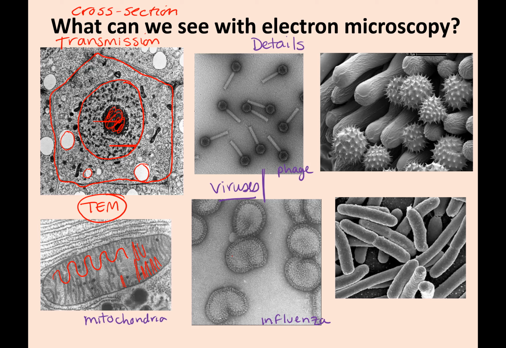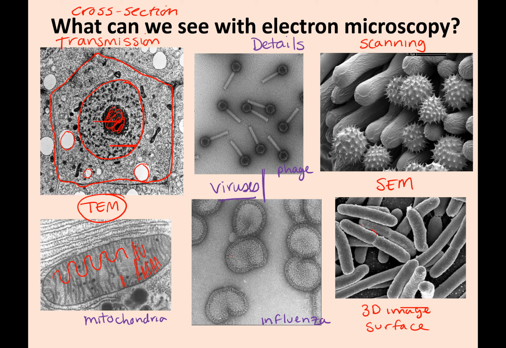In contrast, on the right-hand side, this is called scanning electron microscopy, or SEM. Scanning is giving you the 3D image, which is the surface of whatever you're looking at. These little spiky balls are pollen coming off or attaching to a plant.